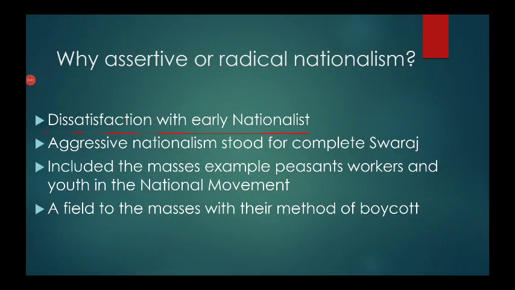Peasants were ill-treated by the zamindars with the help of Britishers. Workers were unemployed because of machinery goods. And youth were unemployed because they got education but no job. So they tried to connect with these masses to enlarge the national movement.